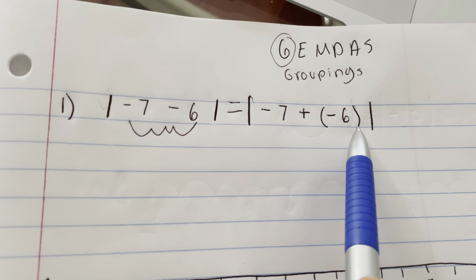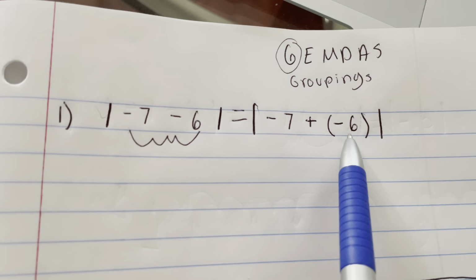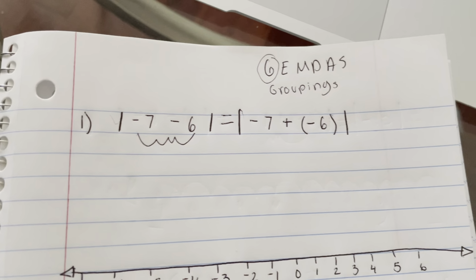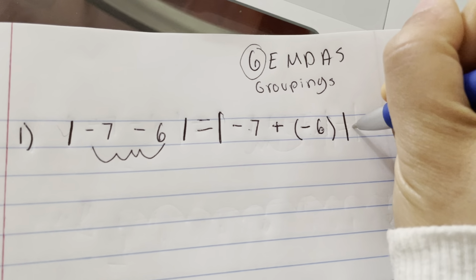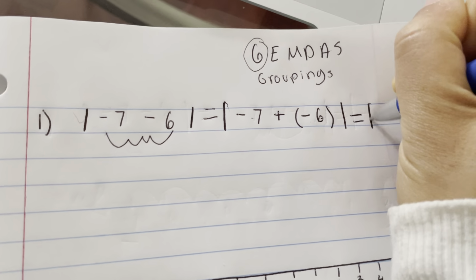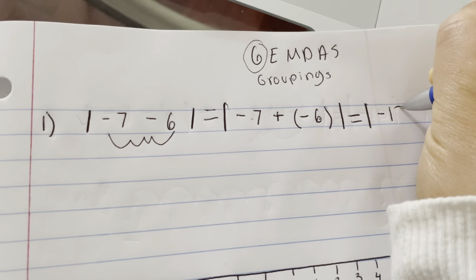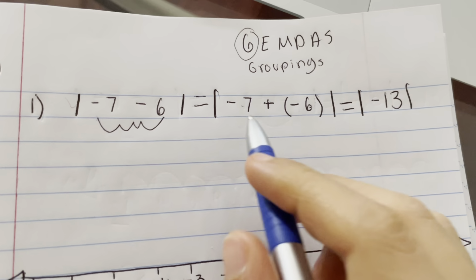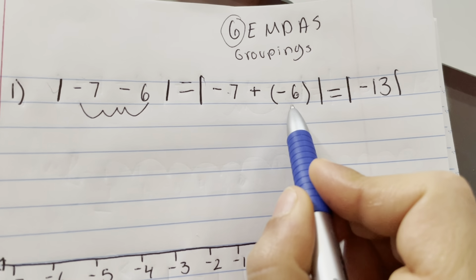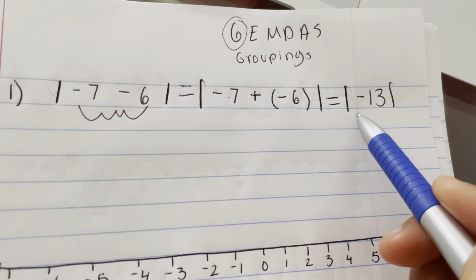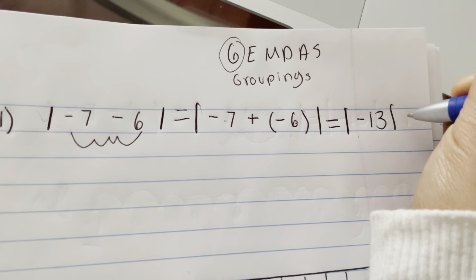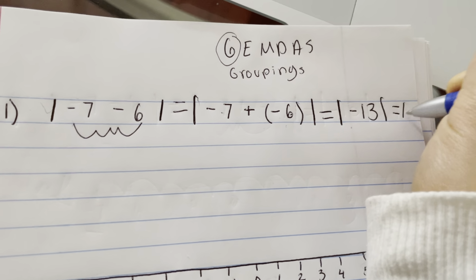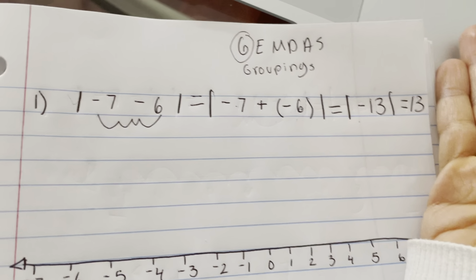It has to be plus -6 to show the loss of that value. So now I have 7 negatives plus 6 negatives. That equals 13 negatives, right? And so your answer would be the absolute value of -13, which is 13, because that's the absolute value.